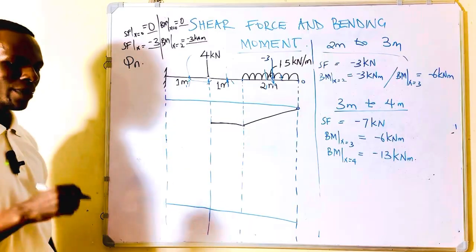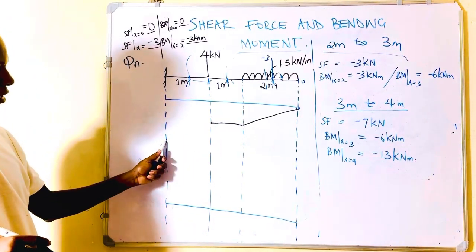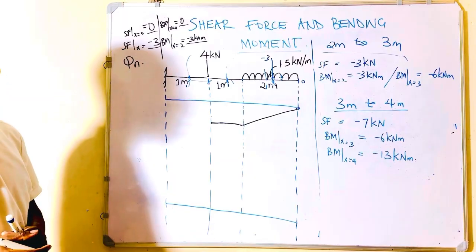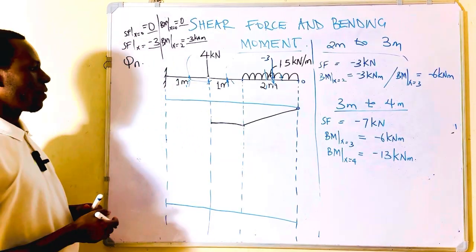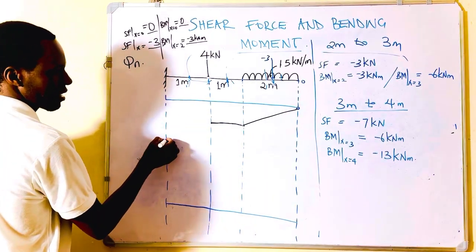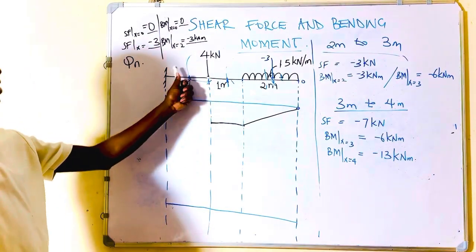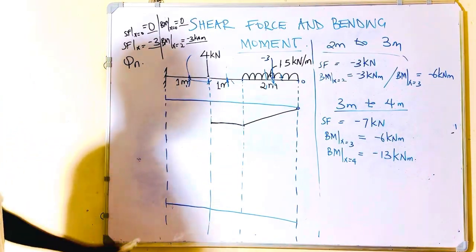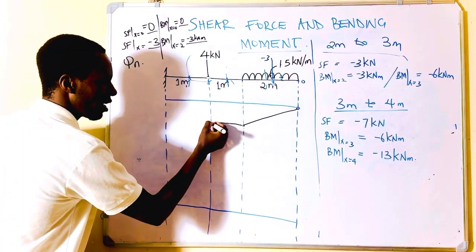So the question is, from this point to this point, did it remain constant or not? Here, the diagram is supposed to come to 7 kilonewton, and immediately after this, because it is a shear force, there is a sudden change.